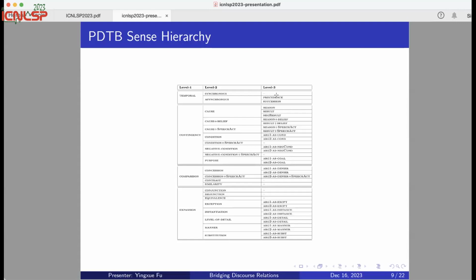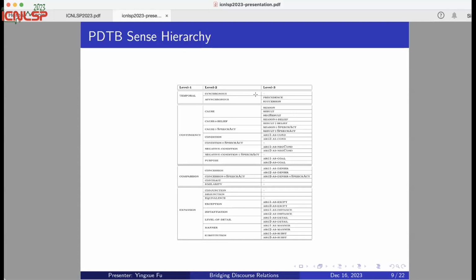And level 3 mainly encodes directionality for PDTB 3, because some of the relations are asymmetric and some are symmetric. For asymmetric relations, there will be a directionality. This is what level 3 does.